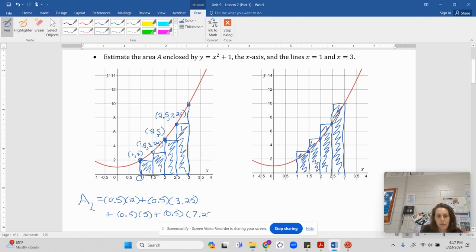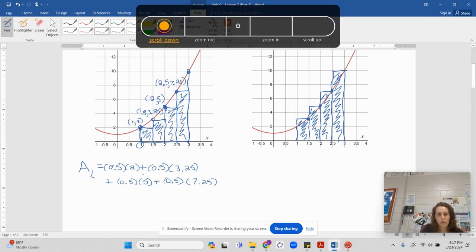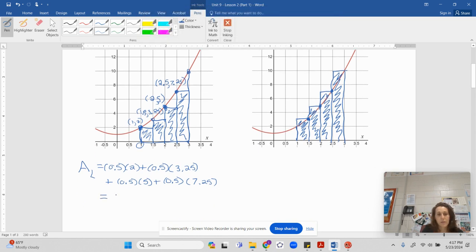If I add all those together, I get 8.75 square units for the area, an estimate. Clearly that's an underestimate, 8.75 square units.